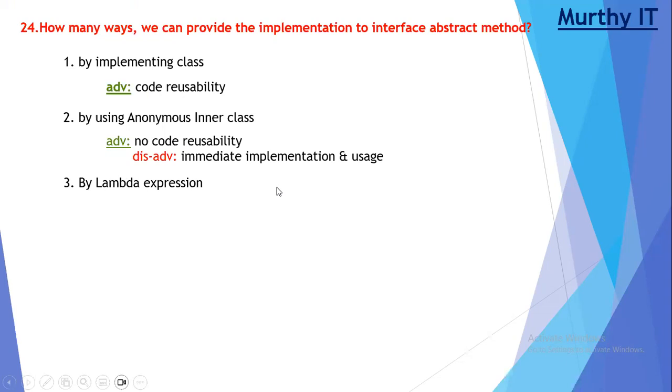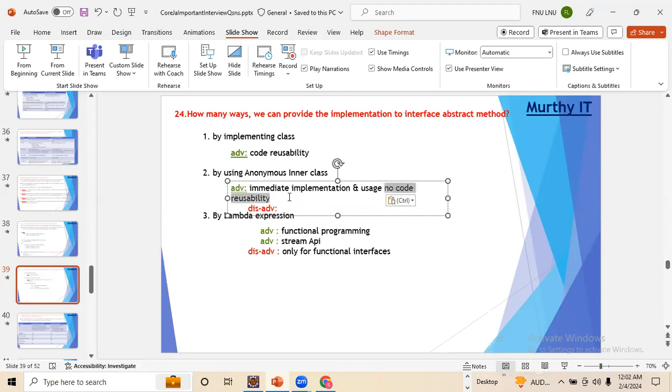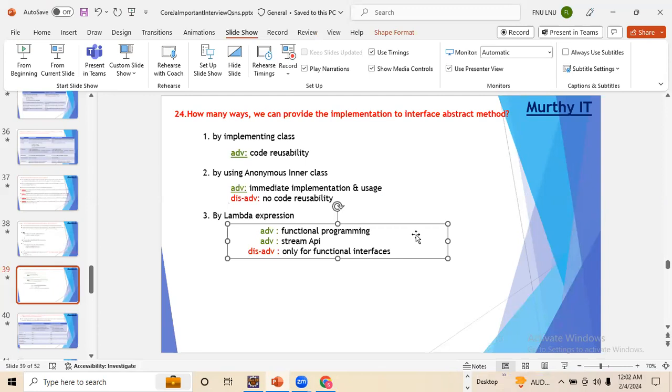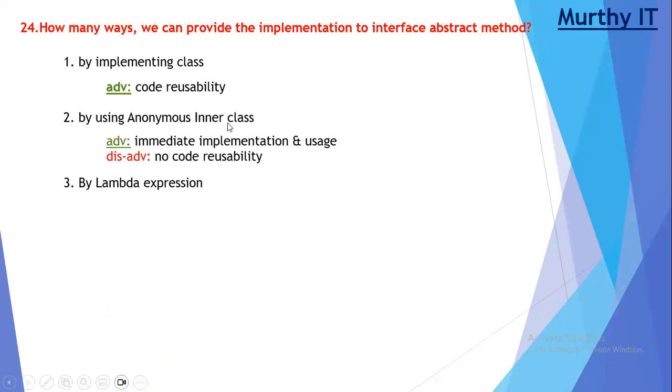Here I wrote it in reverse; it has to come here and that one comes down. So in the case of an anonymous inner class, no code reusability. The advantage is immediate implementation and usage.